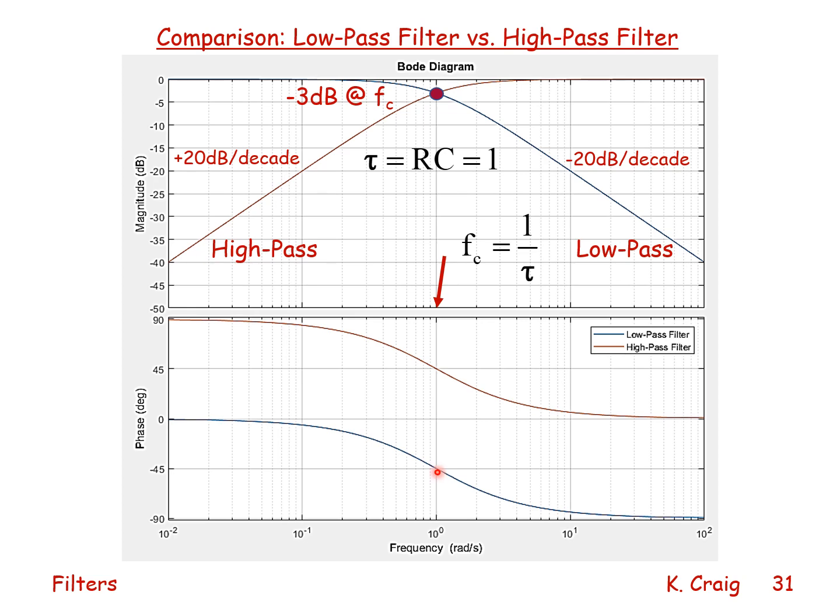The high pass filter has a phase angle of plus 45 degrees. The low pass filter goes from 0 at low frequencies to minus 90 degrees at high frequencies. The high pass filter goes from plus 90 degrees at low frequencies to 0 degrees at high frequencies.